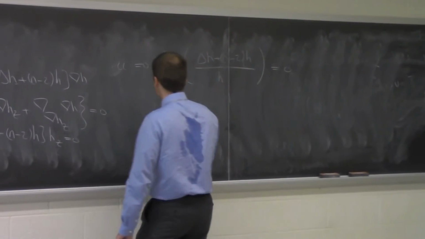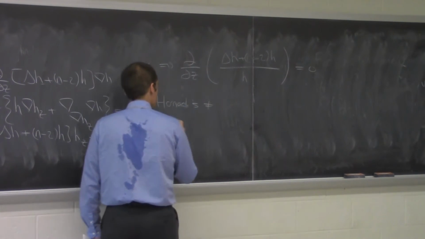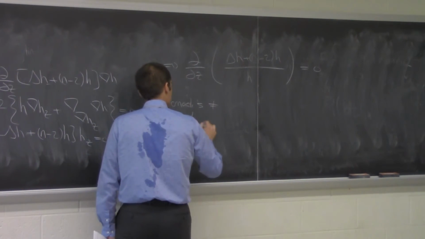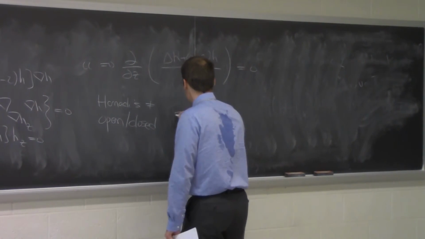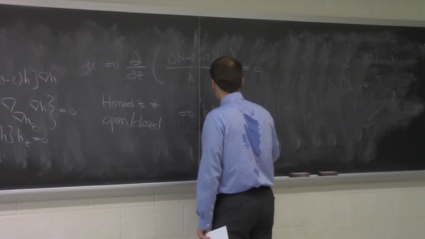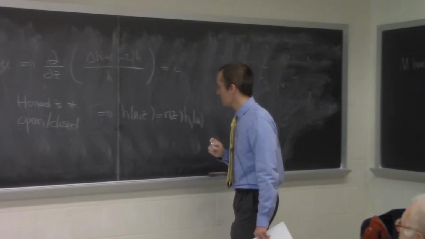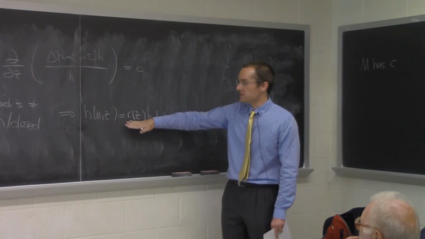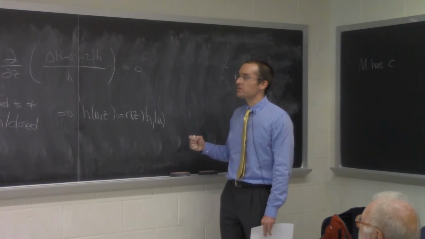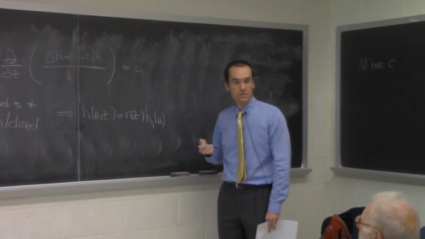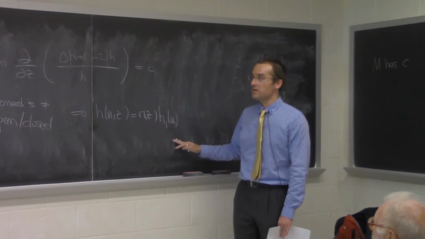But what I'm going to do is use the Harnack inequality with some open and closed argument and the connectedness of the sphere to write H as this, where this only depends on the height, and H1 is the support function of the ovaloid at height 0. So this is how I use the second one.